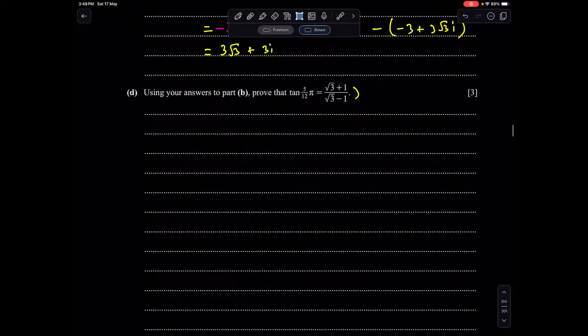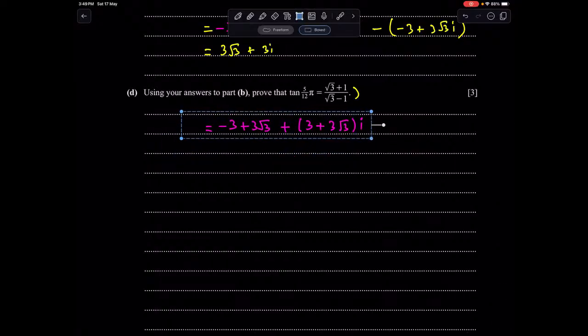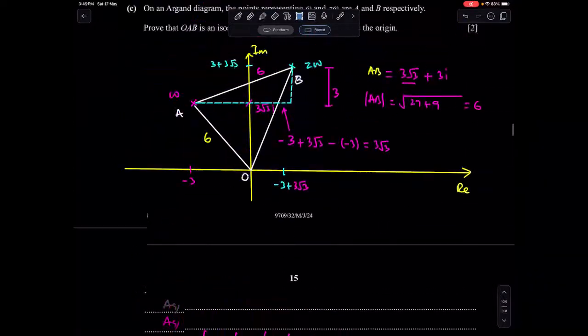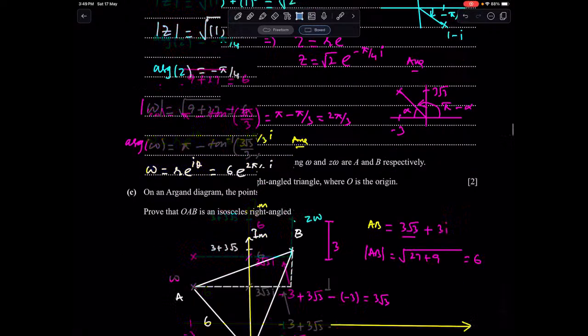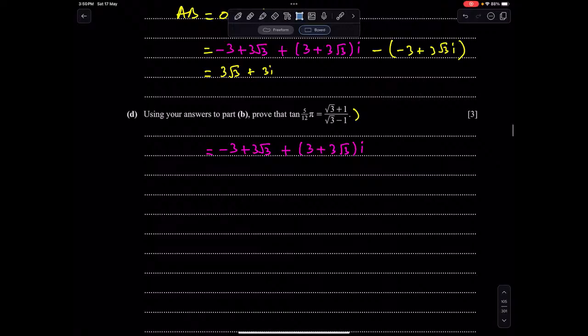We always do this part with the help of previous parts, and it's mentioned use part B. I will use this part B. First, understand that if I find the argument of these two, then this will come in the numerator and this will come in the denominator.